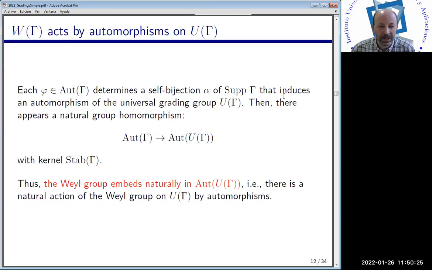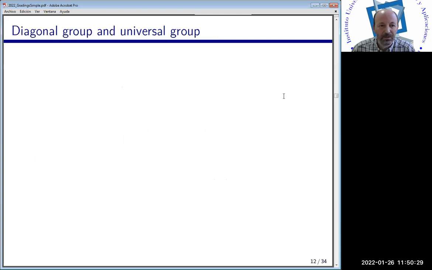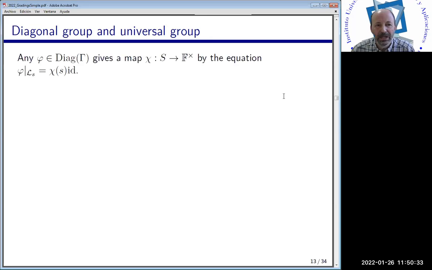Okay, these are some of the definitions. And also I need the connection between the diagonal group and the universal group. See, the diagonal group consists of those automorphisms that act as a scalar on each homogeneous component.